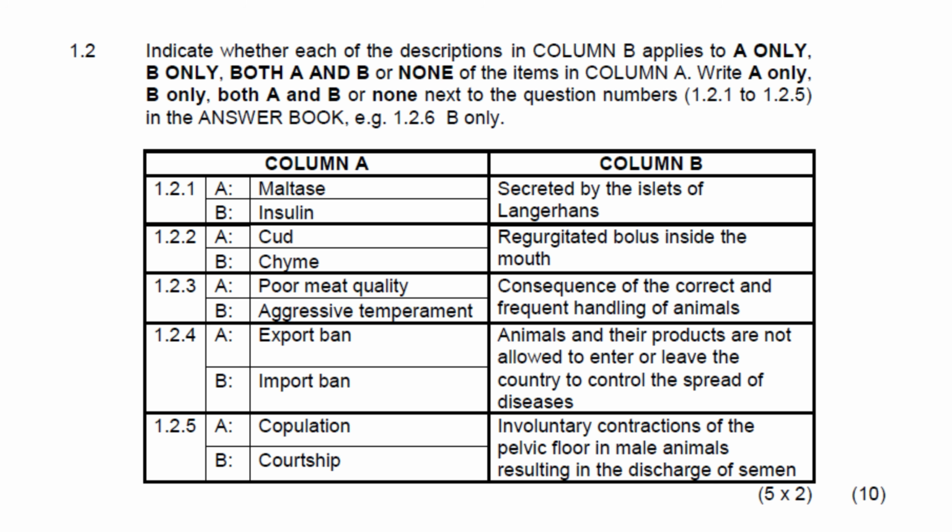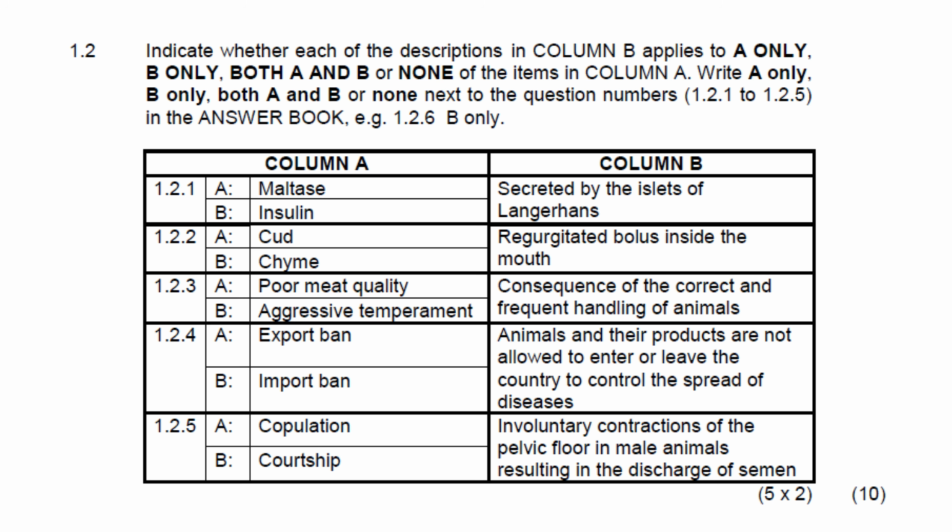Now then we move to the consequence of correct and frequent handling of animals. You have 2 options there: poor meat qualities versus aggressive temperament. The correct and frequent handling will improve meat qualities and reduce aggression. What should that be?